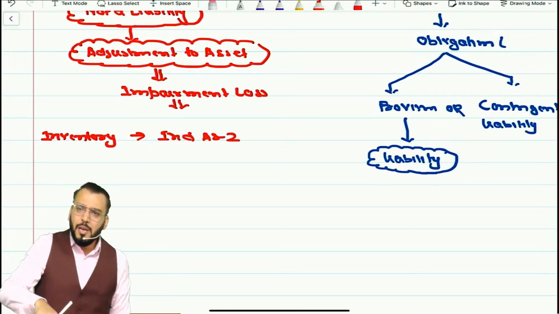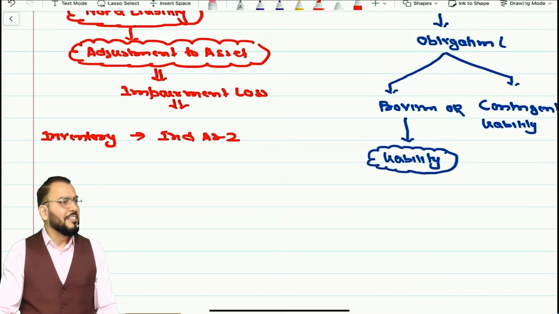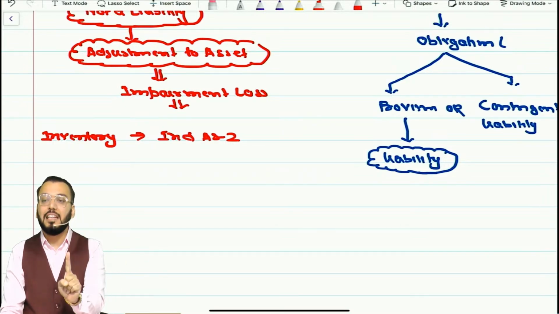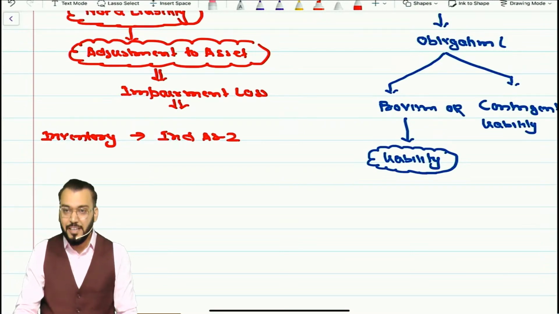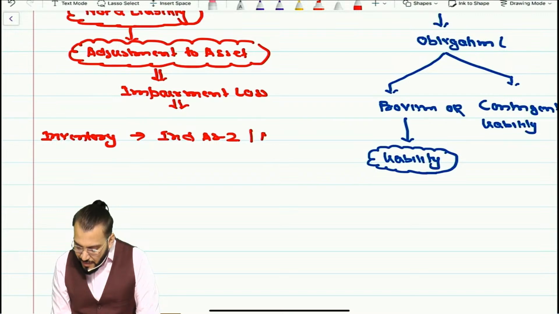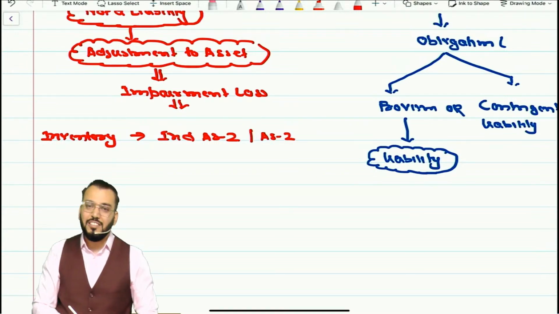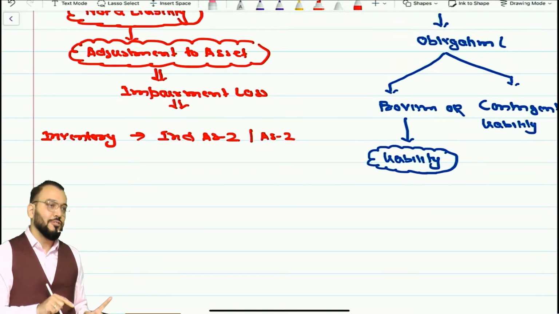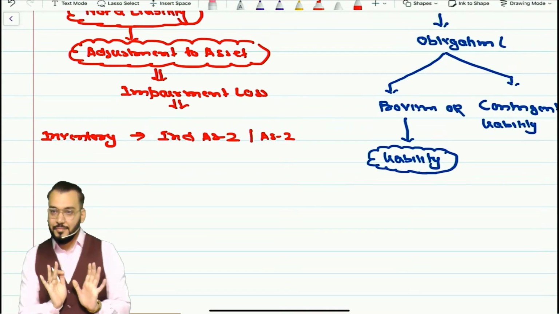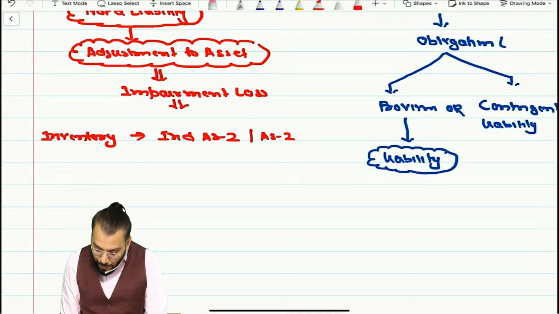Means for impairment loss we have a specific standard. It is not covered under Ind AS 37 or AS 29. I am writing AS also because this is the first class. Ind AS 2, AS 2, only for inventory.